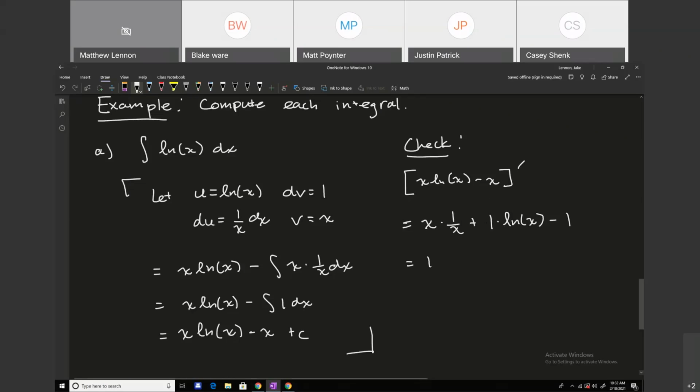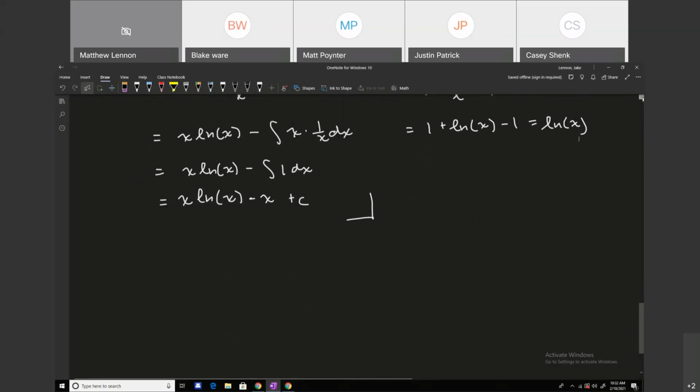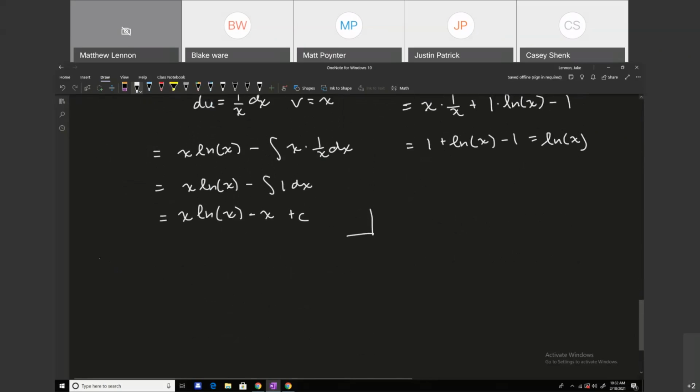So we end up with 1 plus the natural log of x minus 1, which is exactly the natural log of x. So it checks out from taking the derivative as well. So we now have the integral, the antiderivative, of the natural log of x as well.